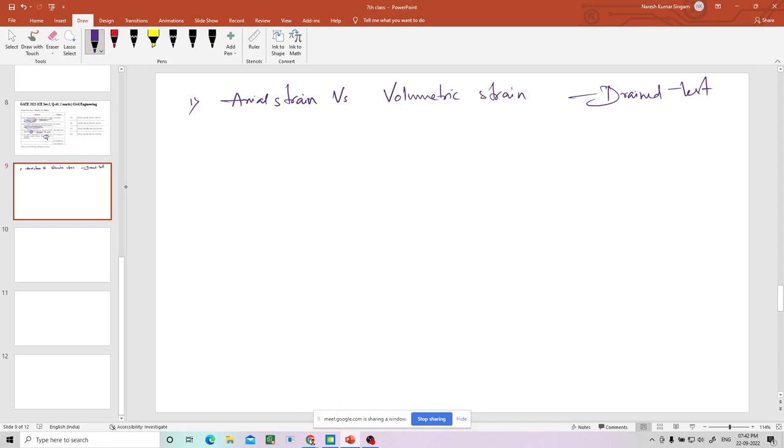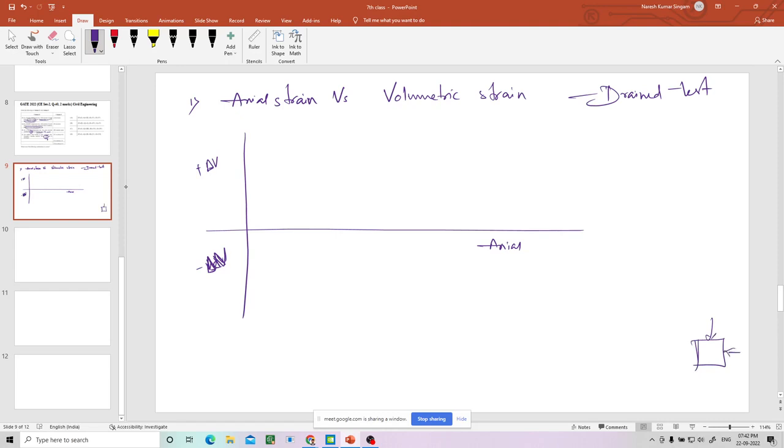what you have to understand first, generally axial strain will be drawn on x-axis and volumetric strain will be drawn on y-axis. If the volume is increasing, that is called positive. So don't think that when compression is positive, the volume may be reduced.